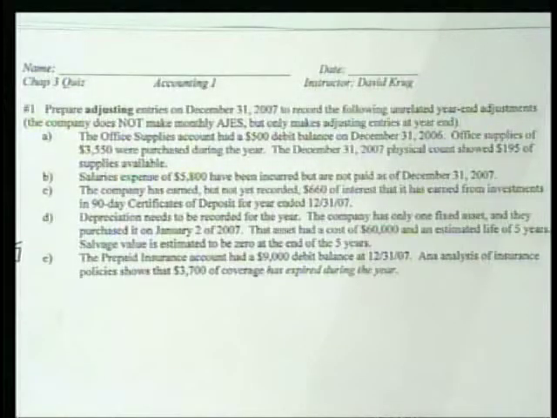What we just did in this class, for you folks at home, is a quiz over Chapter 3 adjusting entries. Real quick, going to the Elmo, this is what the quiz looked like. This quiz is in your blue student manual, people at home.